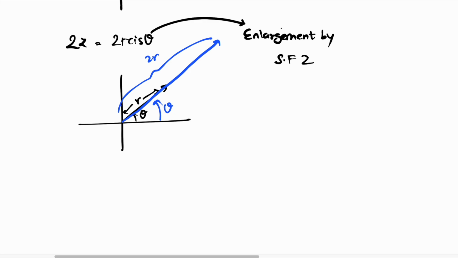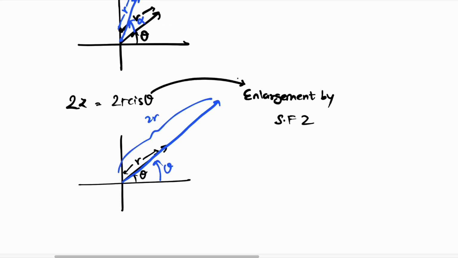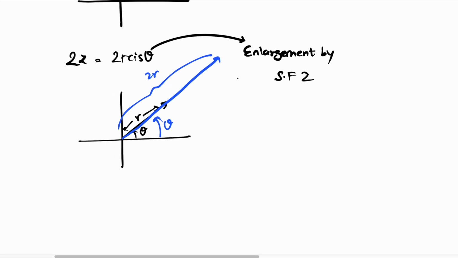So as of now, we've seen two transformations. One is enlargement by scale factor 2 and one is rotation clockwise and anti-clockwise. What happens if I try doing both of them together? If I multiply the complex number with 2 cis alpha, the resultant complex number will be twice in modulus, which is 2r, and the rotation effect will also come in.